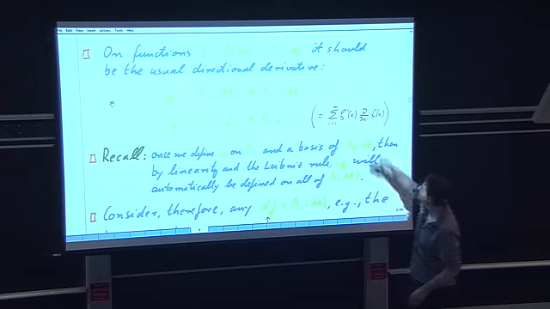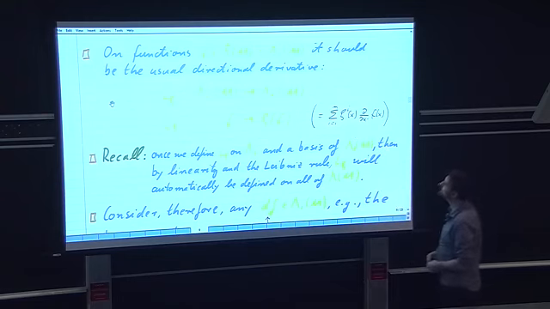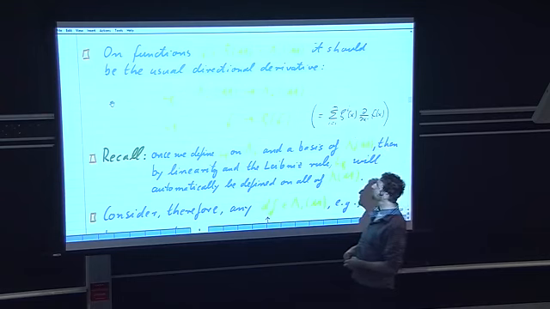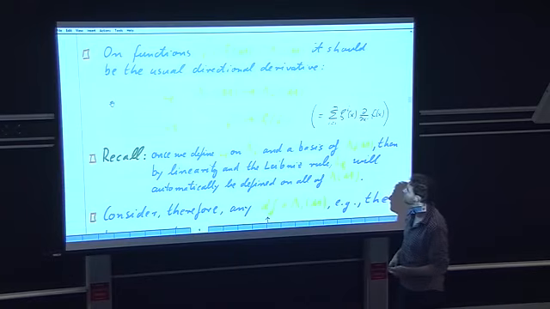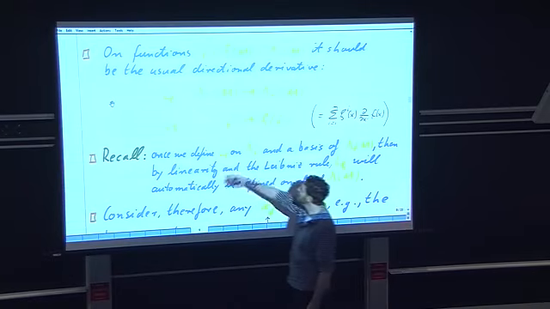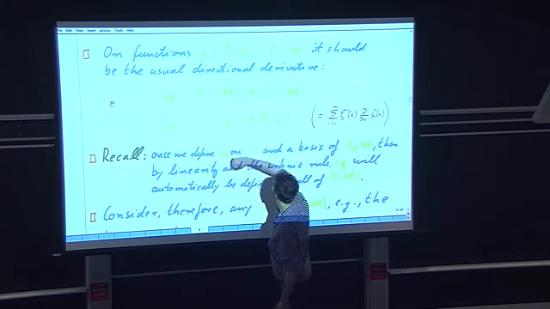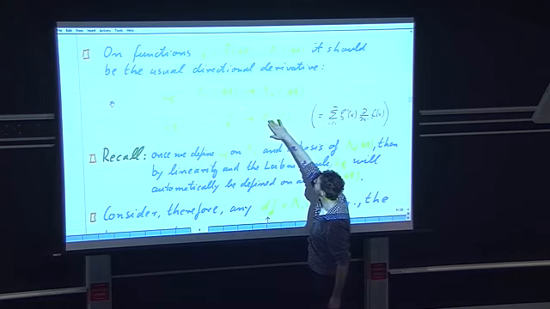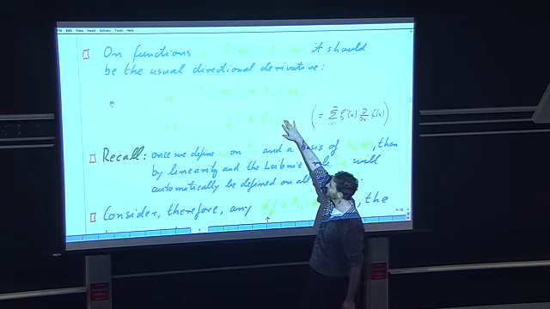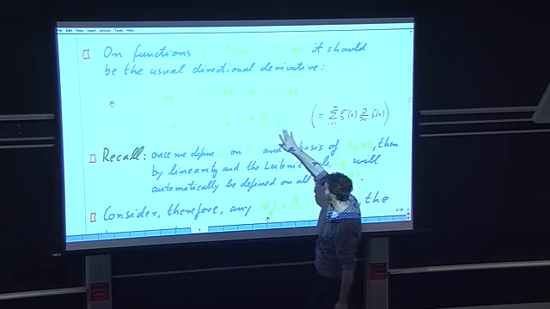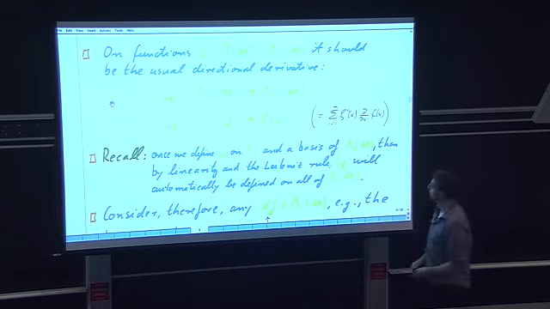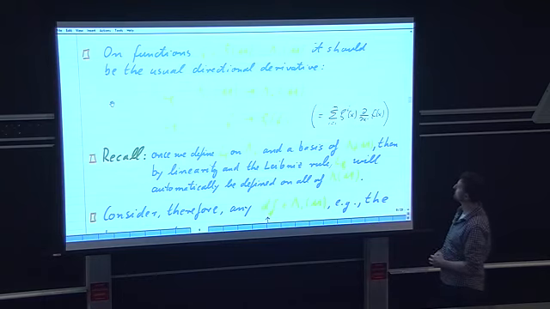And on functions, if f is in lambda 0, it should just be the directional derivative that we know. So when we apply the Lie derivative onto a function, namely f, then it ought to be mapped into psi applied to f. Because that we already identified as being the directional derivative for functions.